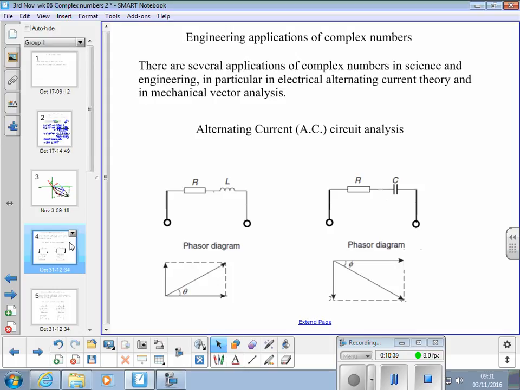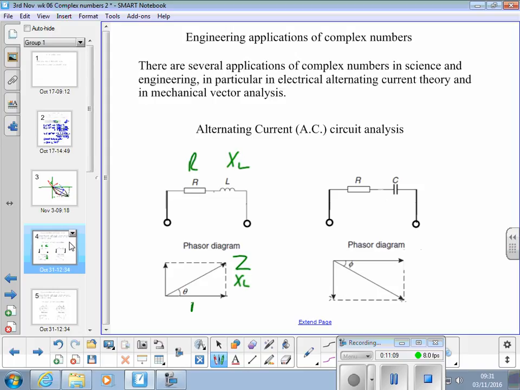So what we get with the RL circuit is an impedance Z that is a combination of the resistance R of the circuit and another quantity called XL, the inductive reactance of the circuit. And XL is the imaginary, the J part, if you like, and that's positive in an inductor.